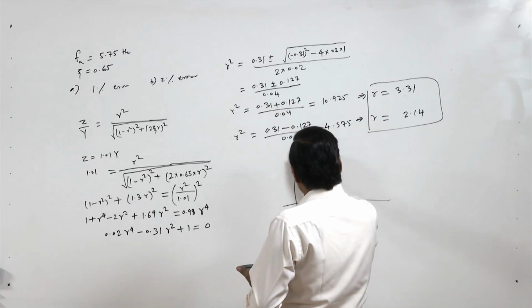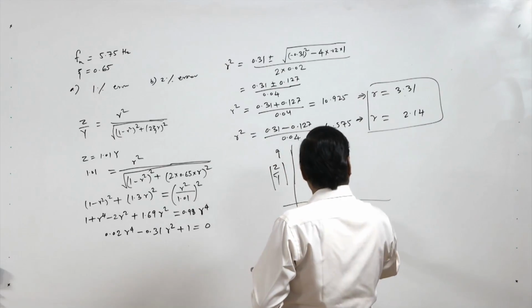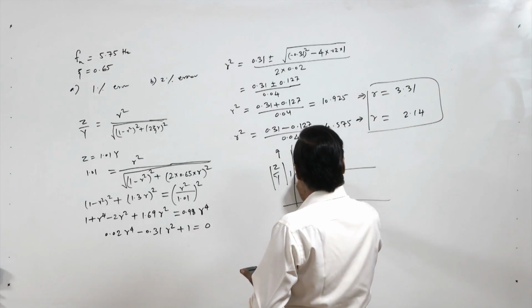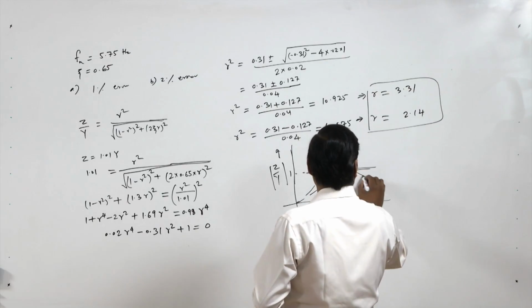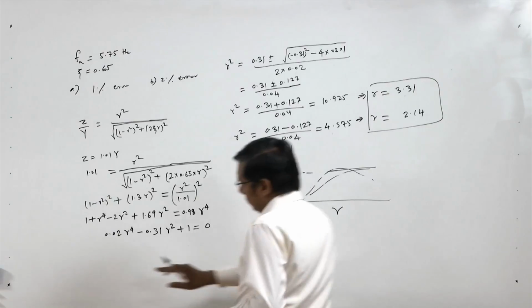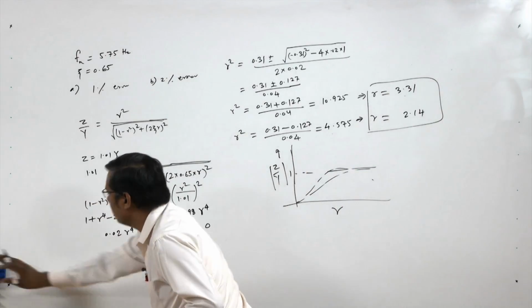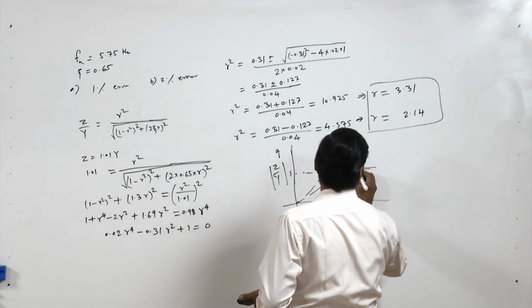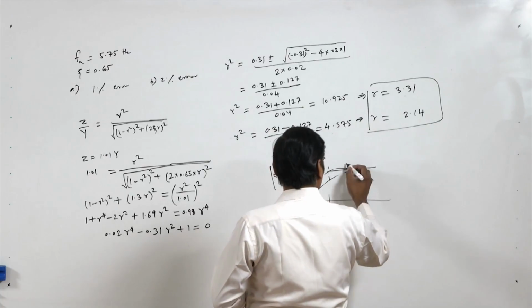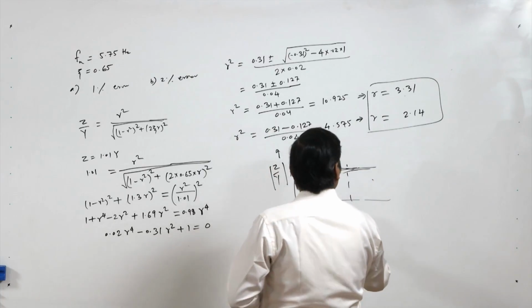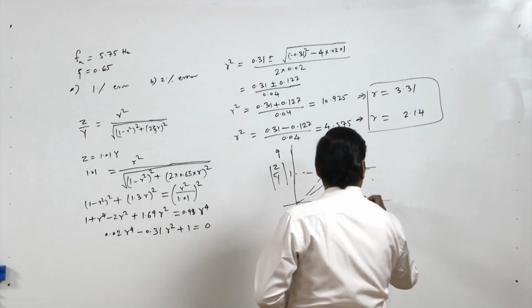This is our frequency response curve, and this is 1, and we know that we have a curve like this. This is 2.14 and this is 3.31.